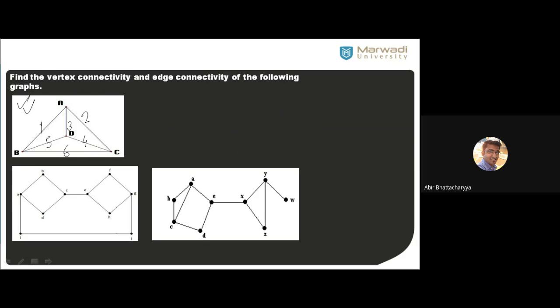Yes, all the vertices are connected by an edge.